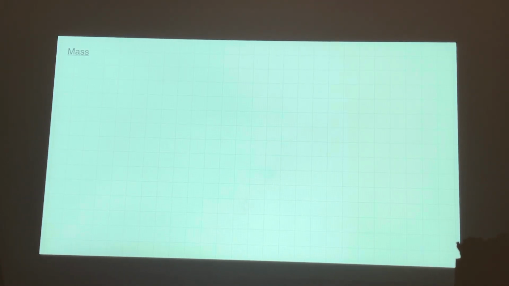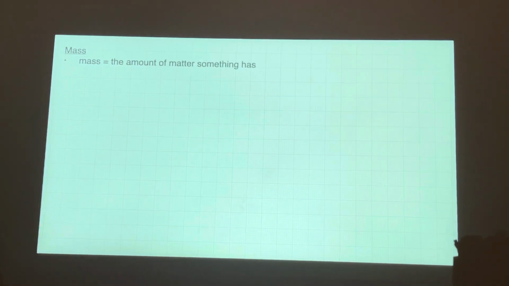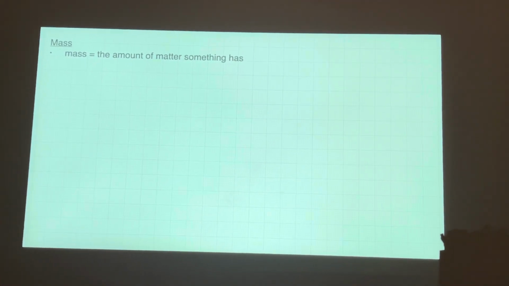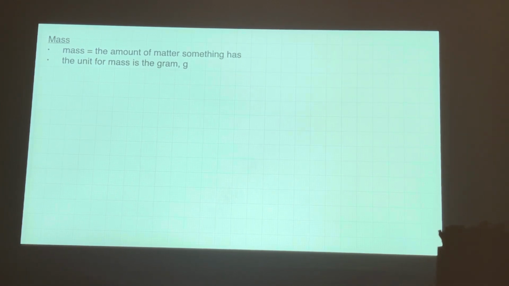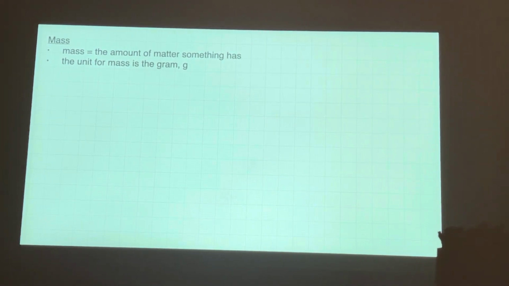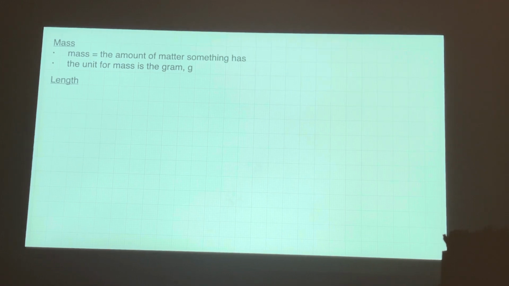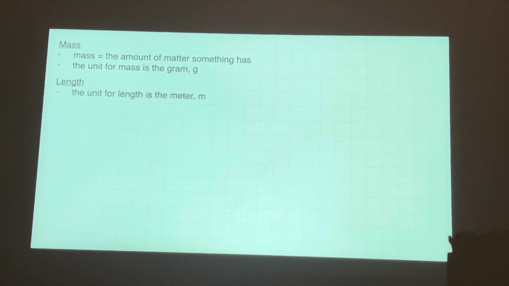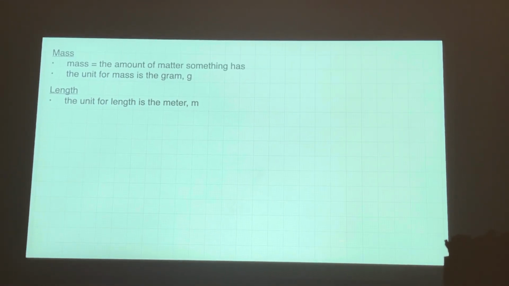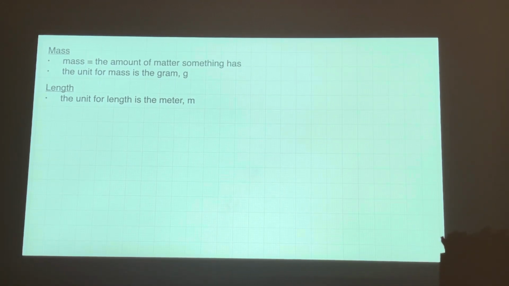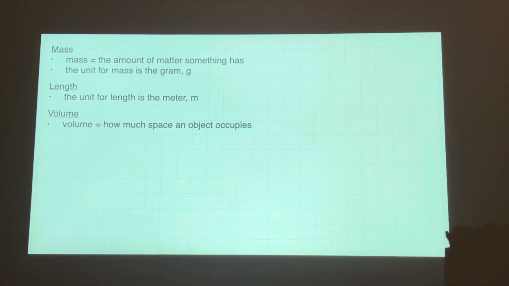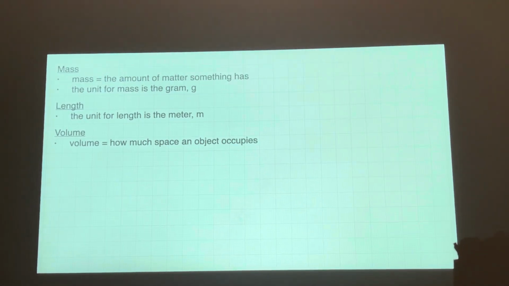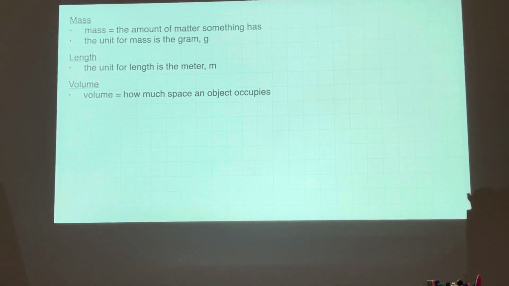So the standard for mass. First of all, what is mass? Mass is the amount of matter something has. The unit for mass is the gram. Length. The unit for length is the meter. Volume. Volume is how much space an object occupies.